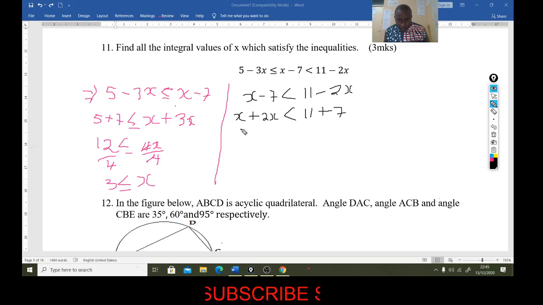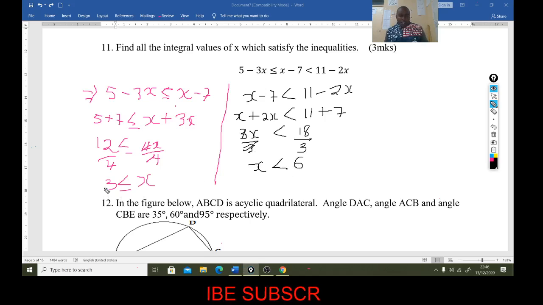So 3x is less than 18. So divide by 3. This 3 and this 3 cancel, we remain with x is less than 6.